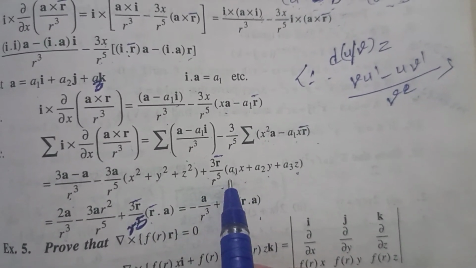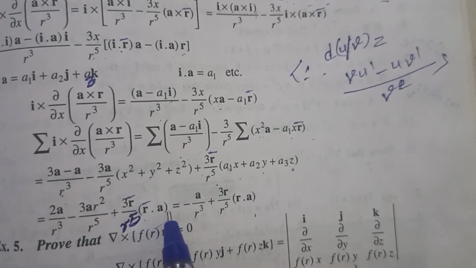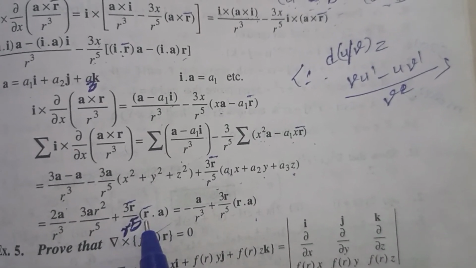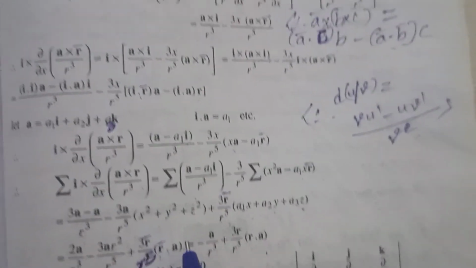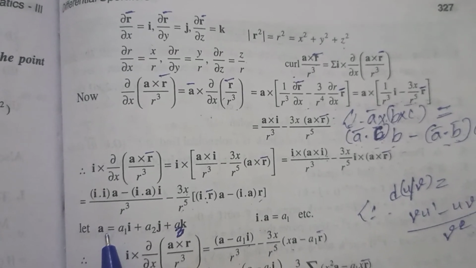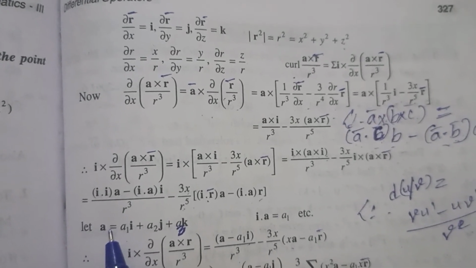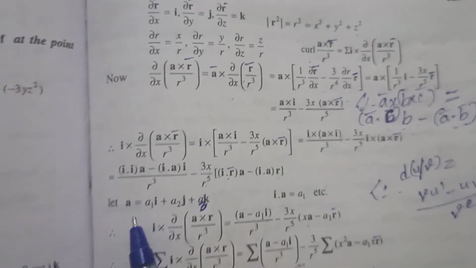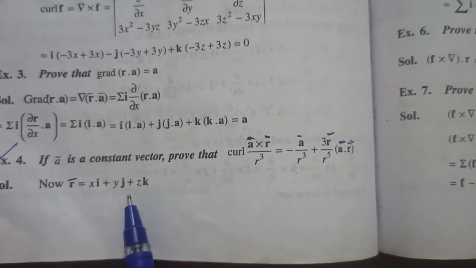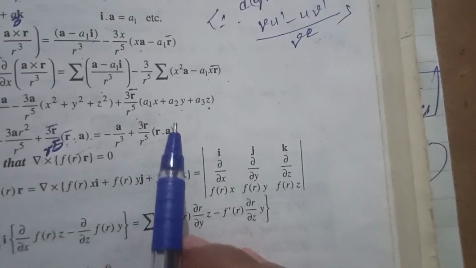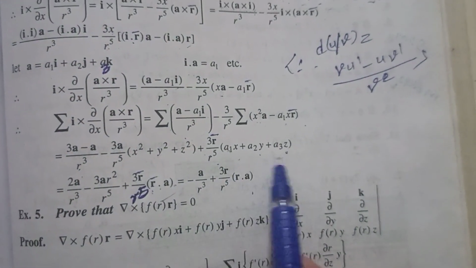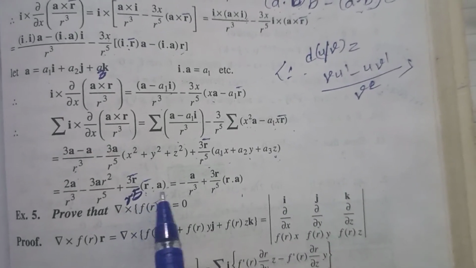It can be written as r̄ dot A only. r̄ dot A, that means if you do the dot product for this one and this one, you will get this one exactly. So that's why we are writing r̄ dot A.